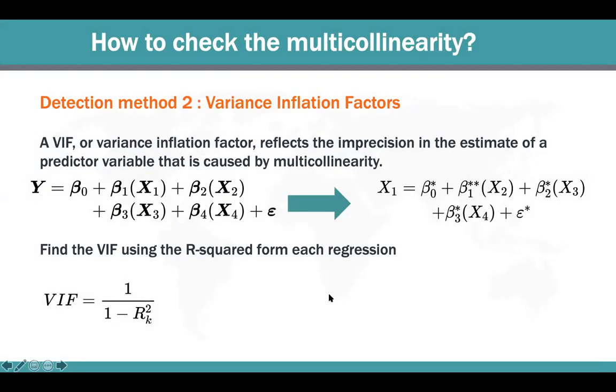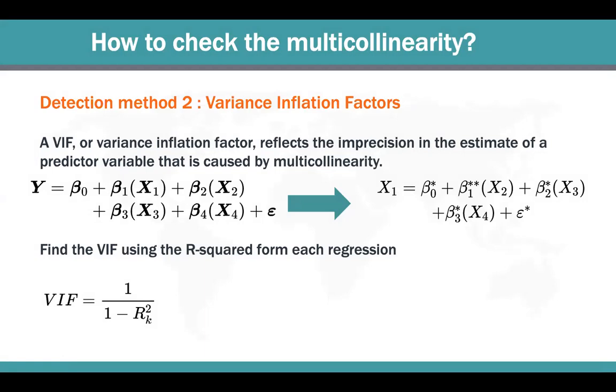And the second method is called the variance inflation factors. This method is a little bit more robust because, unlike correlations, we are no longer looking at bivariate relationships between the X variables, and we can actually do a little bit more here.